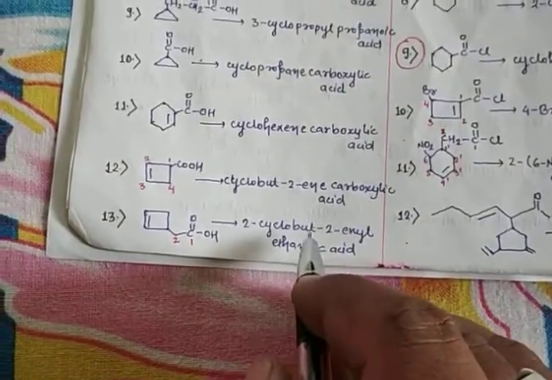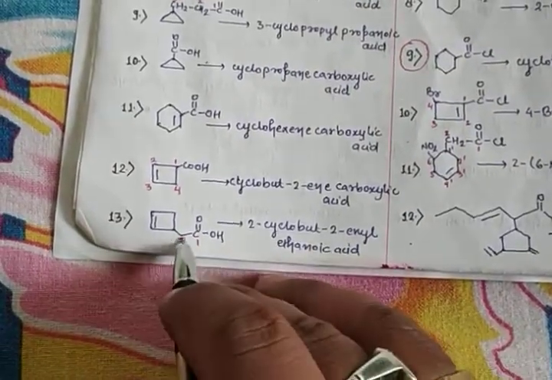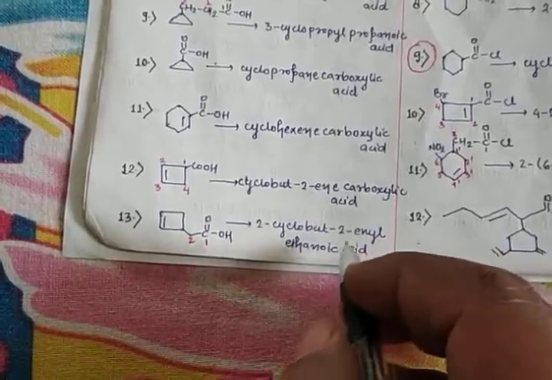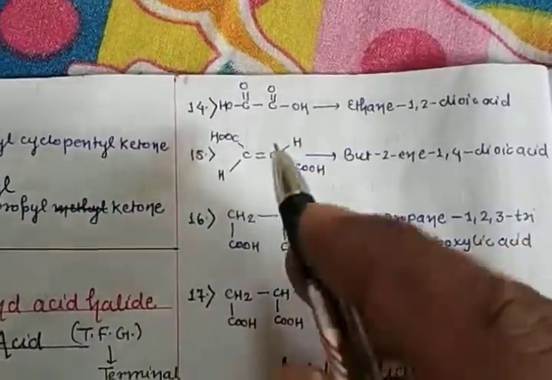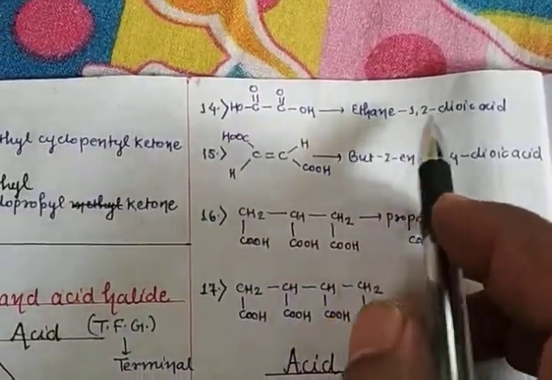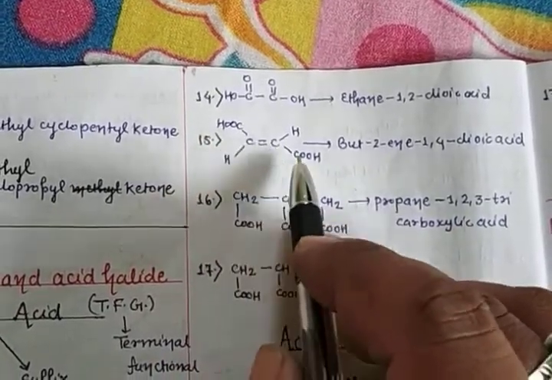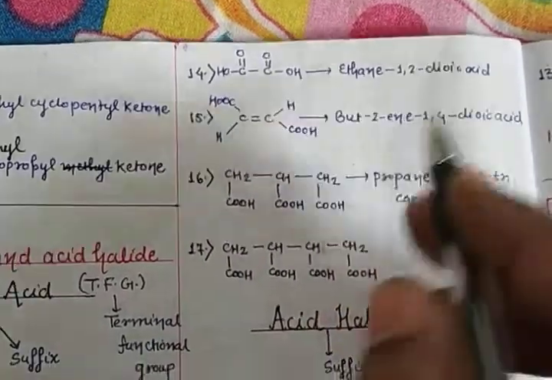Same as this: 2-cyclobut-2-enyl, just write 2-enyl ethanoic acid. Clear? Same for this. There are two carboxylic acids, ethane 1, 2 dioic acid. So the priority is 1, 2, 3, 4, but it is butane 1, 4 dioic acid.